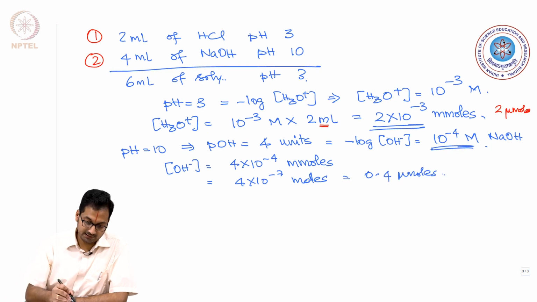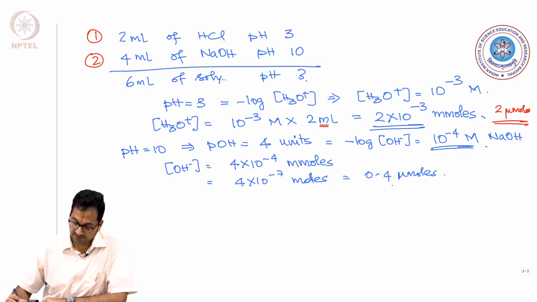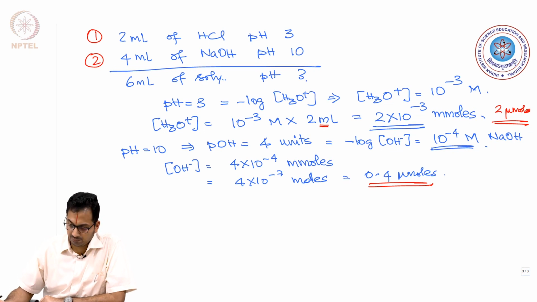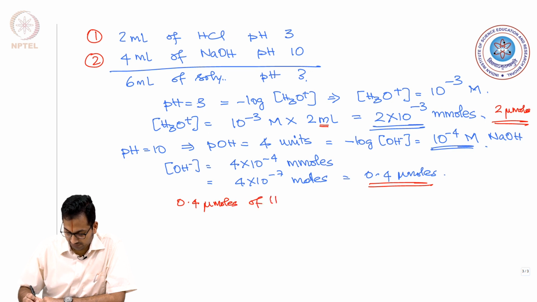So you are able to realize that you have more amount of H plus ions than the OH minus ions. So basically the resultant solution should be acidic. So when you are neutralizing these two, what ends up happening, you are going to have 0.4 micromoles of H plus neutralized by this 0.4 micromoles of OH minus.